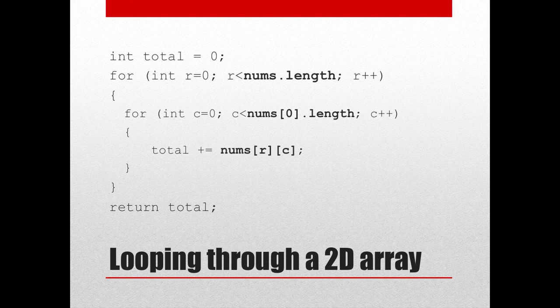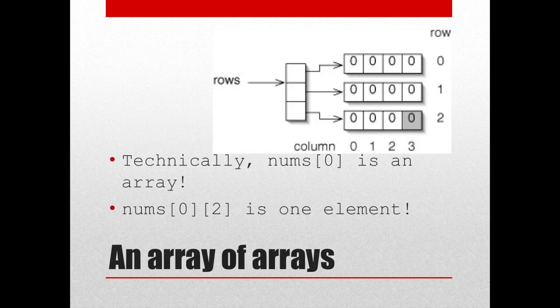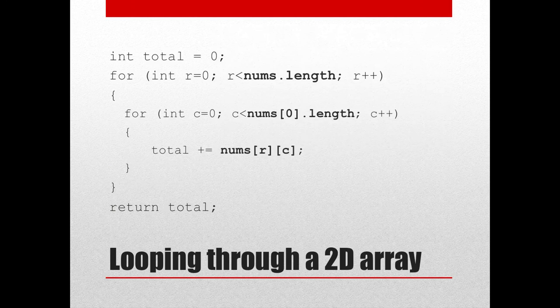The next line says C is less than nums bracket 0.length. What is nums bracket 0? Well, again, on the previous page, I taught you that nums bracket 0 is one individual one-dimensional array. So nums bracket 0 dot length is the length of that array, which is the number of columns in the two-dimensional array.